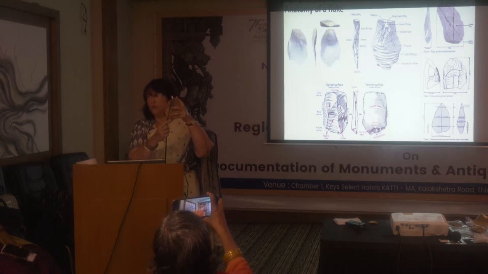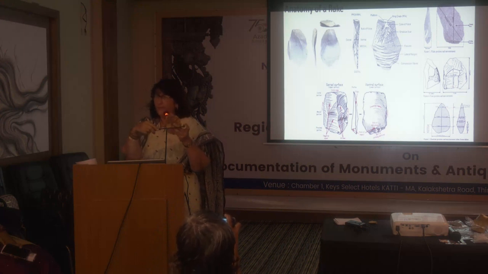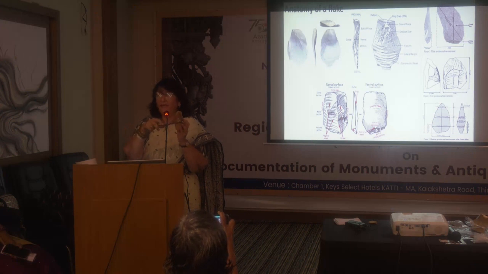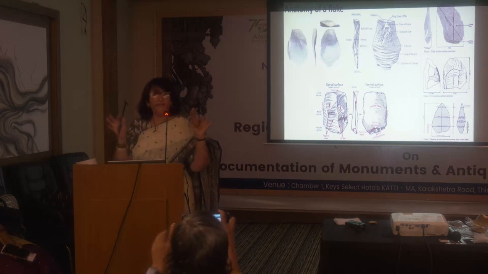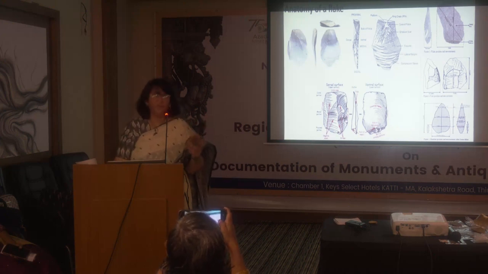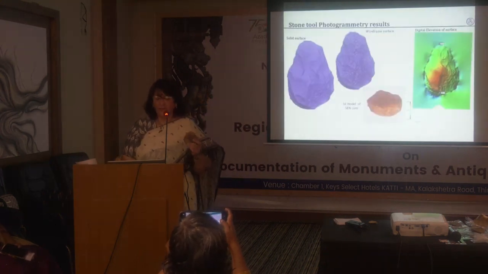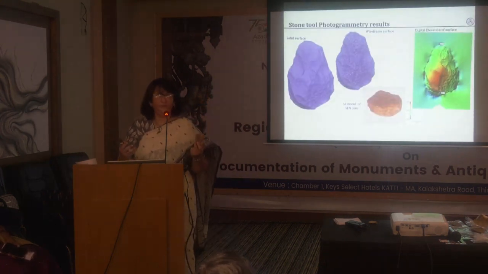The longest axis, the length, maximum breadth, not breadth anywhere along the way, maximum breadth, and the point where there is maximum thickness. These simple things you keep in mind for your measurements. Is it clear?